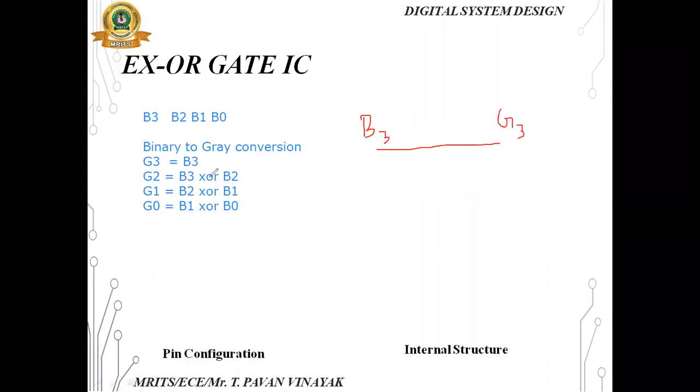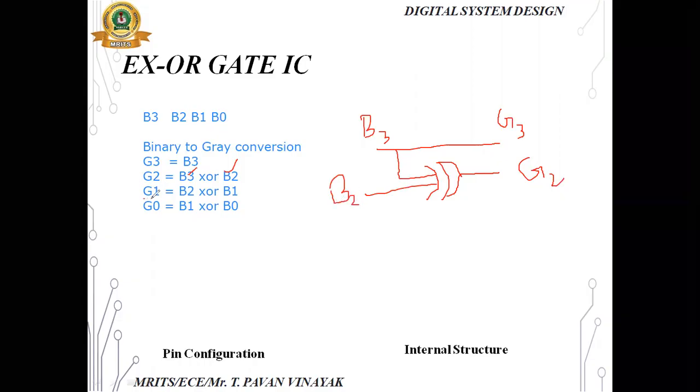Next take one XOR gate for G2, right? I am taking one XOR gate now. Output is G2. What is input? B3 and B2. So B3 is available here. From B3 give connection, and B2.